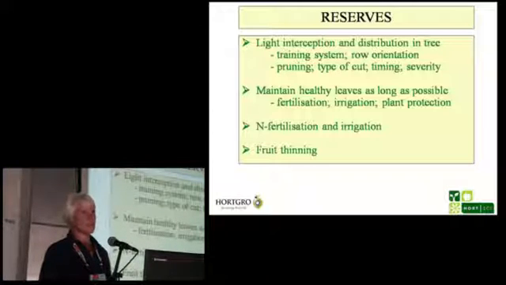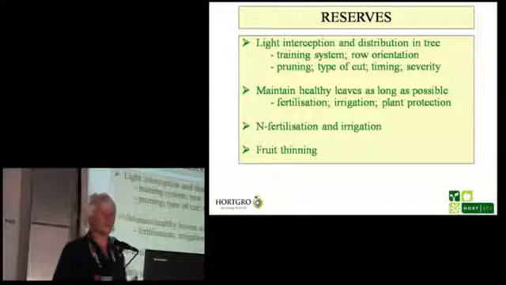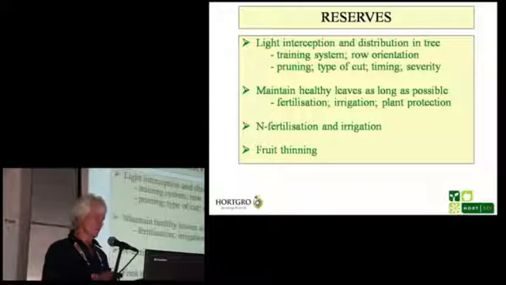Then it is very important that those leaves are healthy. For photosynthesis to take place, the leaves need to be green. So we know that as the autumn progresses, the leaves become yellow. But if we use nitrogen fertilizer judiciously, we can keep those leaves green for longer. We also use plant protection to maintain healthy leaves, so make sure we don't get the rooi spinnekop or whatever the case might be, that will make the leaves drop earlier.